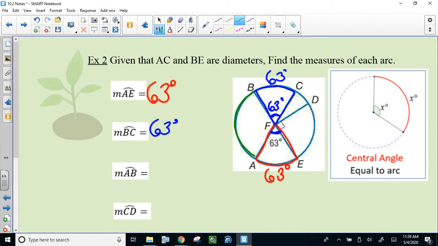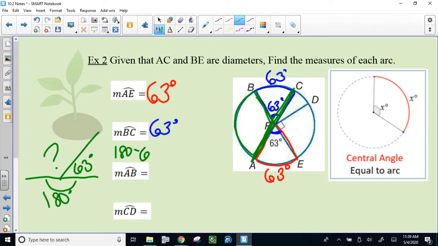This arc extends into the center, and since we have a diameter, if one side is 63 degrees, the other side together with it has to equal 180 degrees. They are supplementary. So we could just say 180 minus 63 gives us arc AB, which is 117 degrees.